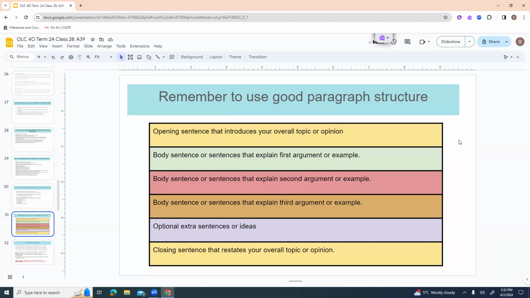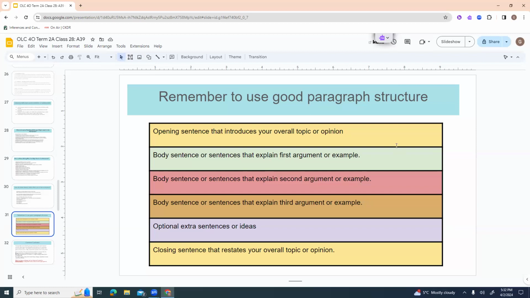So after you have your opening sentence, you're going to have several sentences, easily 3 to 4 to 5, and each one is going to be explaining an argument or giving an example. Sometimes you might have one sentence explaining the argument, and another sentence giving that example. Then another sentence that explains the argument and another that gives the example.